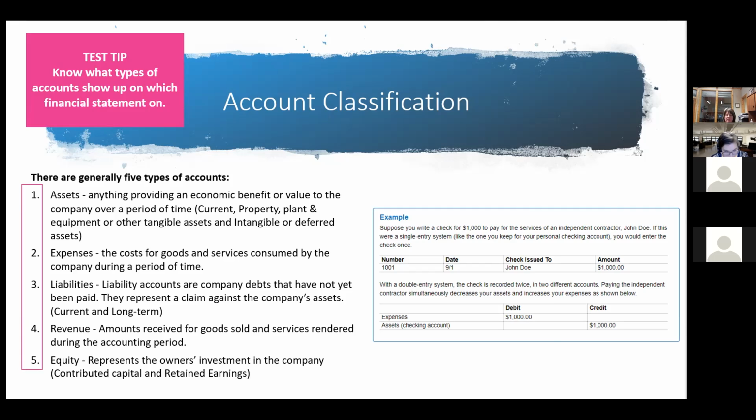Income statement. Liabilities, they show up on balance sheet or income? Balance. Correct, Mundo. Revenue, balance sheet or income statement? Income, yep. Equity, balance sheet or income? Equity is the balance sheet. Look at you guys, you're going to do great on your CPP. You've got that covered.